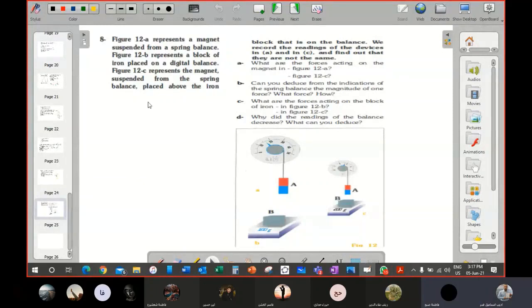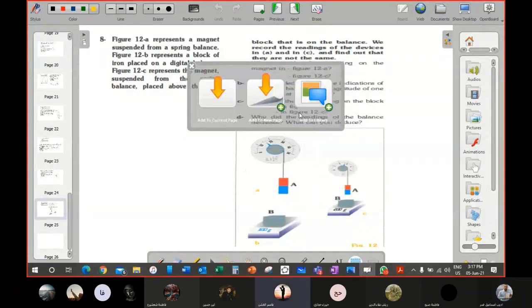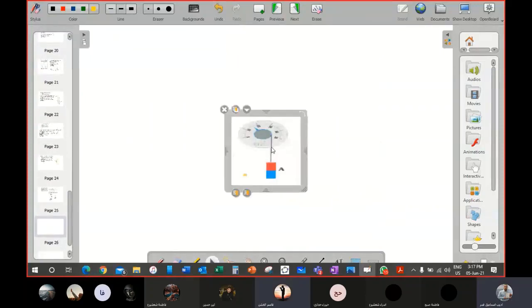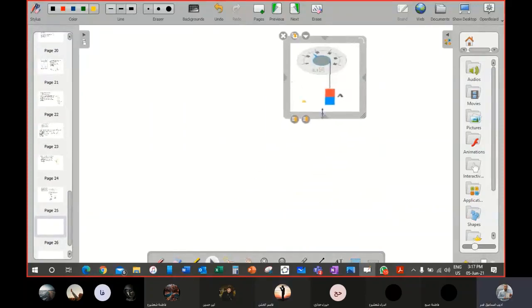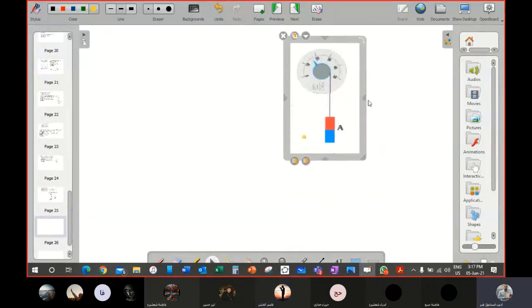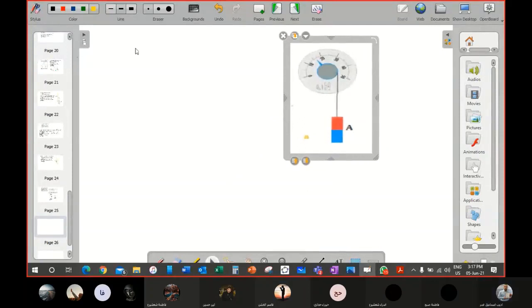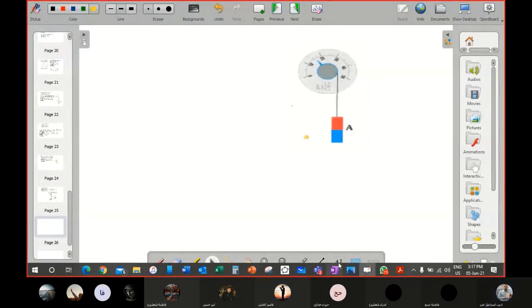This is part A. Part A, yes. What are the forces acting on the magnet here? Yes, Fatima.